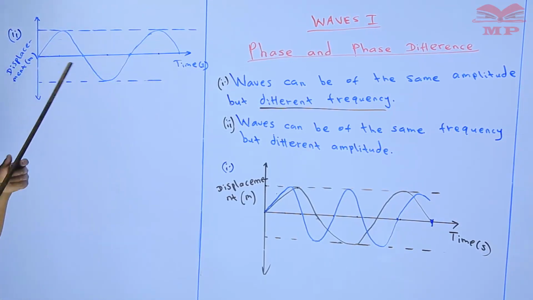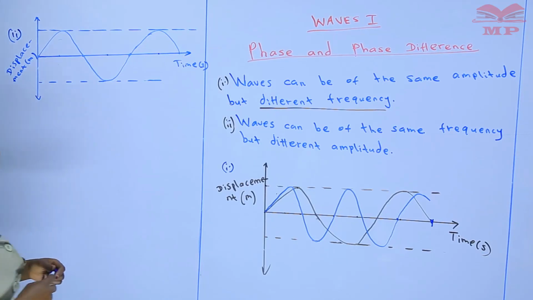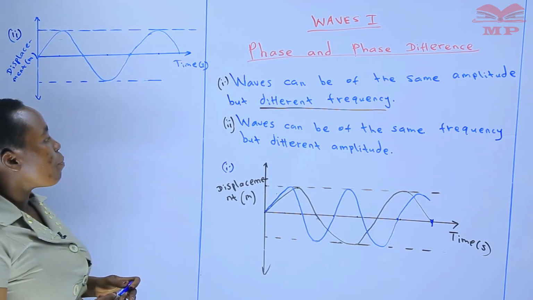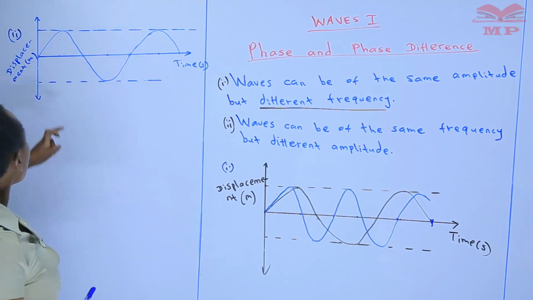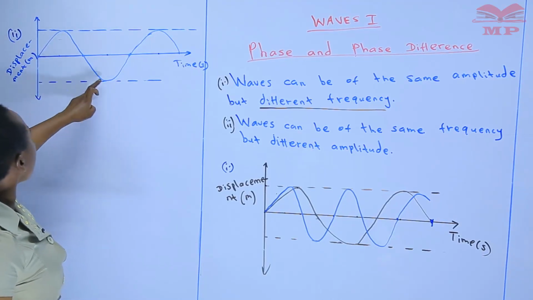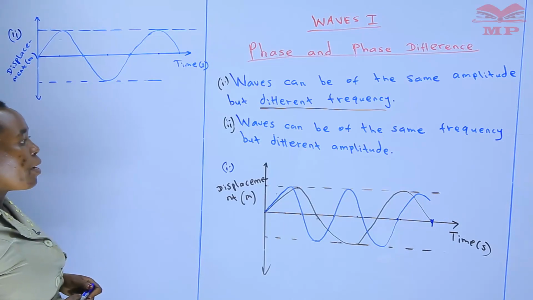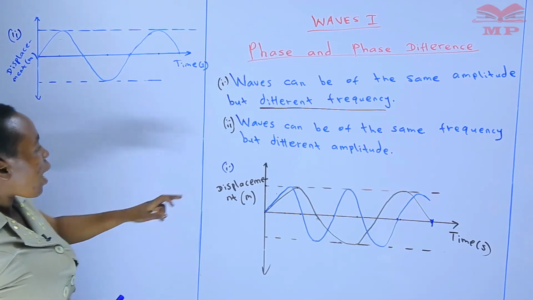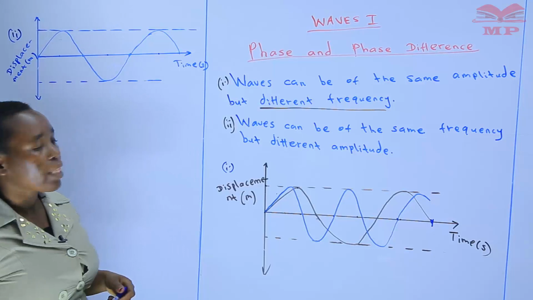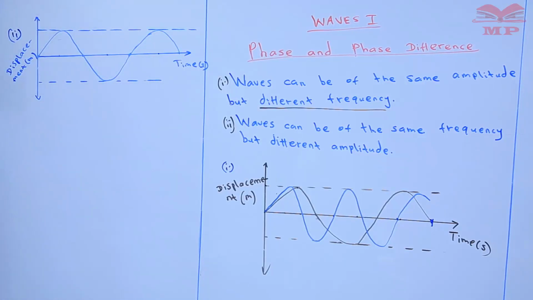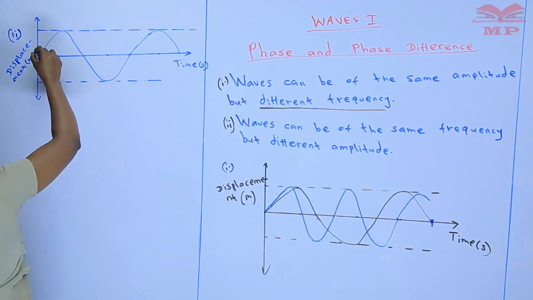So that is the wave, and in this part they are of the same frequency but different amplitude. So like this one, we have how many oscillations? 1.5. So the oscillations will remain the same, but now the amplitude is the only one that is going to change.